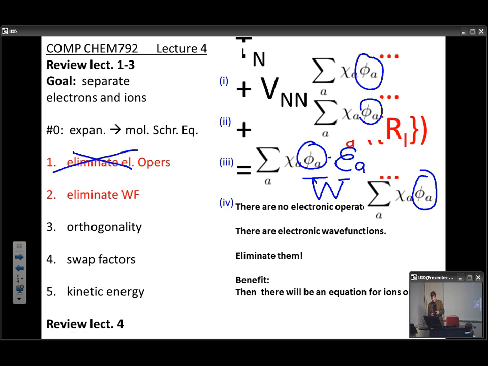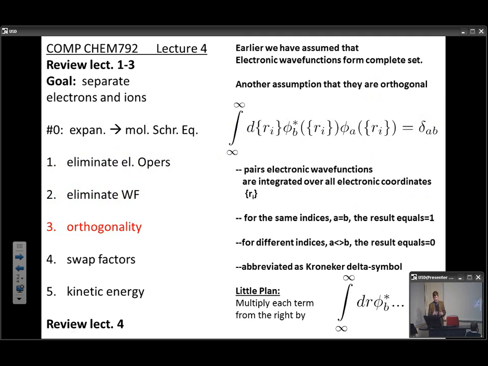In order to complete this little task, we need to make an additional assumption. We were not solving this electronic Schrödinger equation. We just decided that someone can solve it for us, and we are going to use these electronic wave functions as a basis. Now we can assume that this basis is good, comfortable to work with. One of the properties that we are going to assume is that those electronic wave functions are orthogonal to each other.